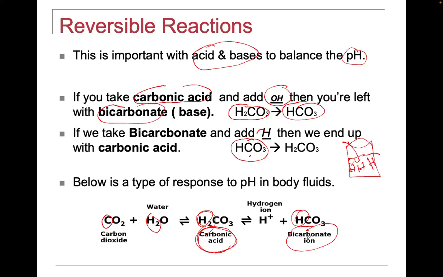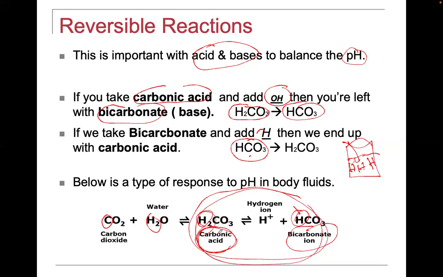You can take bicarbonate plus hydrogen, add that hydrogen here, and now you go from an alkaline to an acid, H2CO3. Then the H2CO3 can also be broken down into water and the carbon dioxide that we breathe out. So this is a reversible equation. Your body is always utilizing this system to balance out pH.